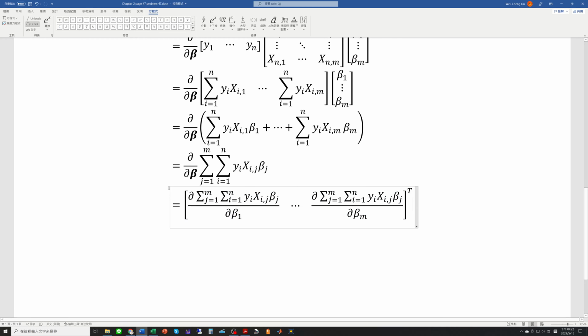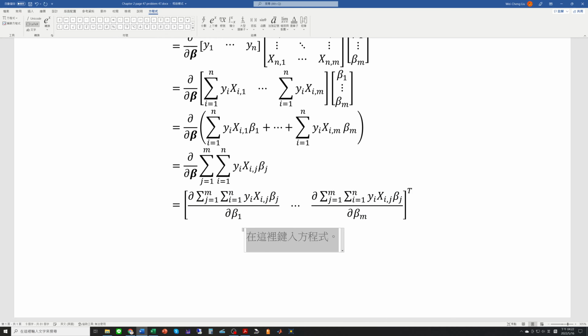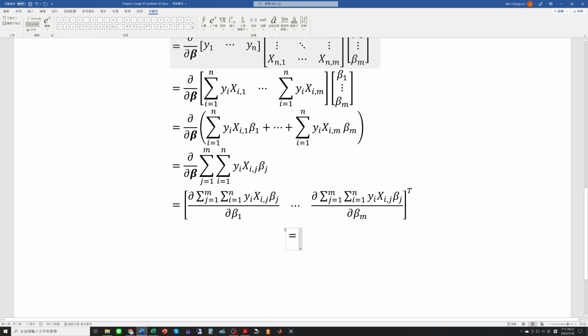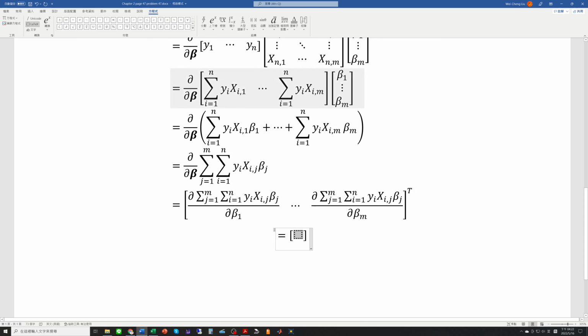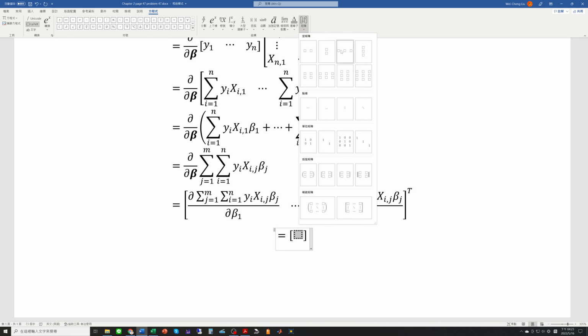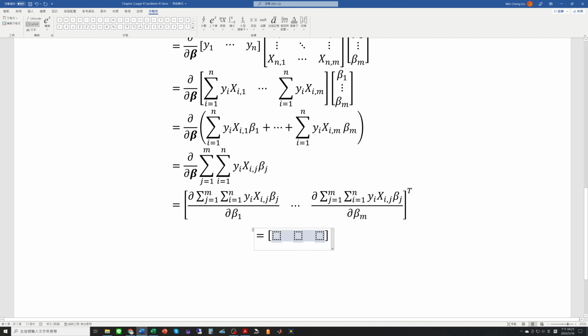So next, it is equal to a vector again, a bracket, and 3 boxes.